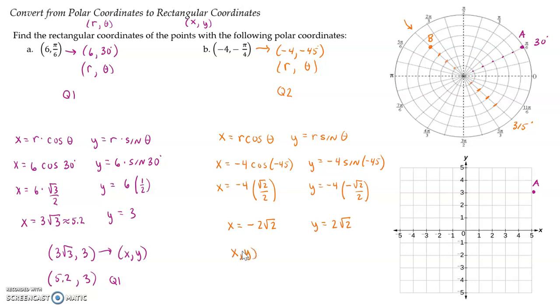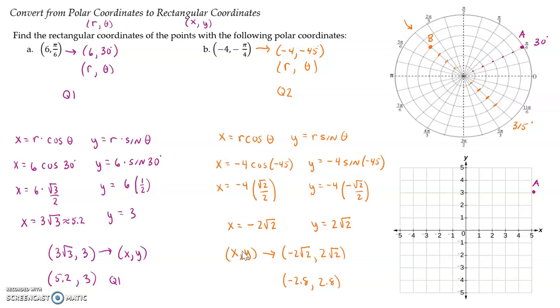So our xy coordinates as exact values are going to be negative 2 radical 2 and positive 2 radical 2. Because we're going to be plotting this on the grid, I'm going to take these out to some decimals. I'll just go to 1 decimal place here. So we're going to get a negative 2.8 and a positive 2.8 as the point we want to plot.